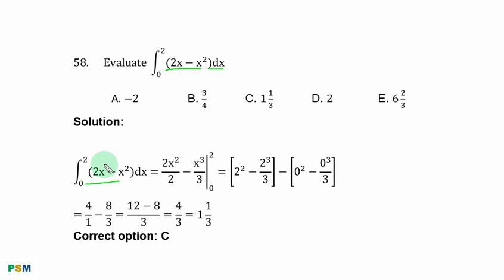The power here is 1. You add 1 to it, you have 2S squared over the sum of the powers 1 plus 1, that is 2, minus here you add 1, it becomes 3 over 3 over the given limits.